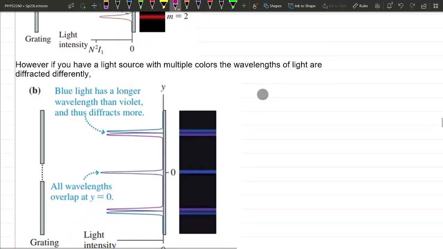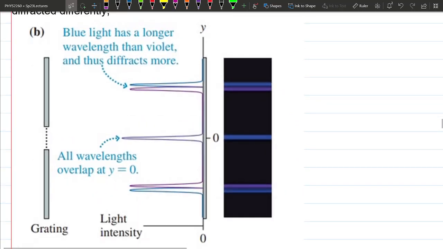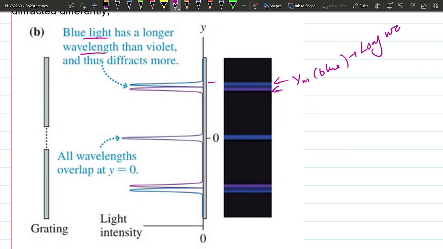So if you have two different light sources, let's say a purple light and a blue light, the blue light has a longer wavelength, and therefore the y sub m for blue is going to be larger, whereas the purple has a slightly shorter wavelength, therefore it doesn't get bent as much.